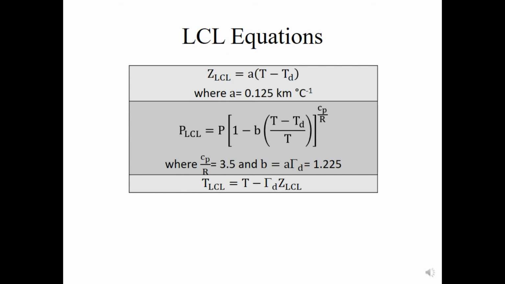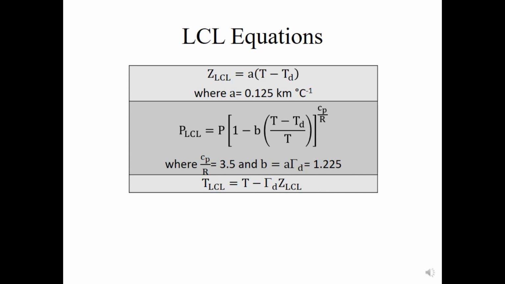There are some equations that we can use to calculate the lifting condensation level if you don't want to solve things graphically. Here we have Z, which is the height of the lifting condensation level, equal to a constant times the difference between the temperature and the dew point temperature.